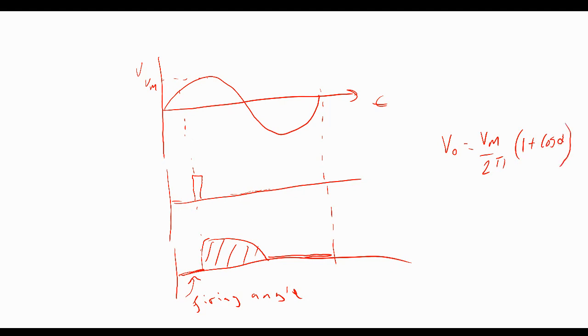So by changing this alpha, the firing angle, we change this average output voltage. So it's not that it's going to be pulsing. Do you follow what I'm saying? Yes, sir.